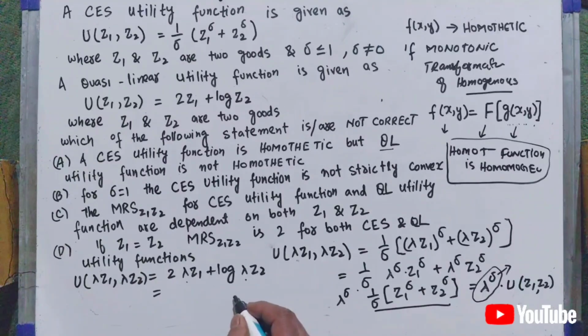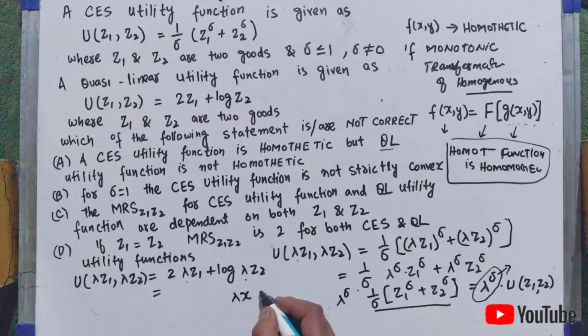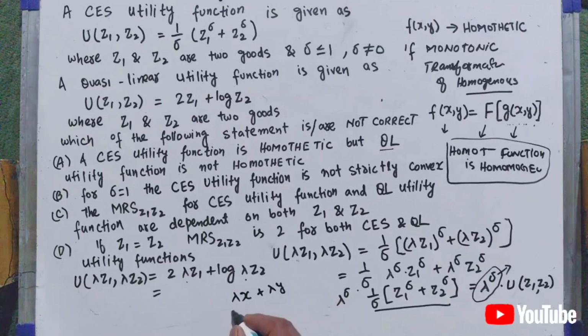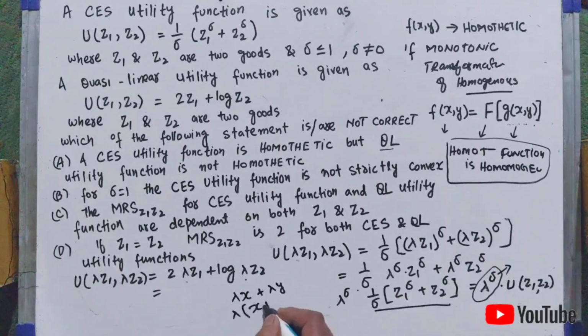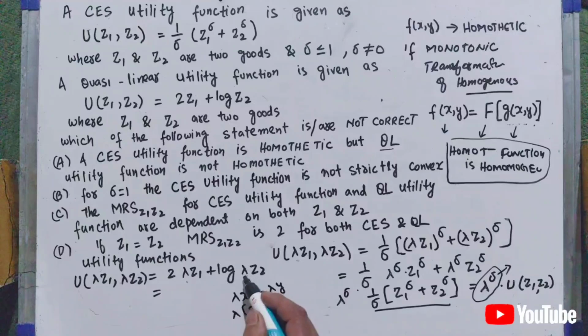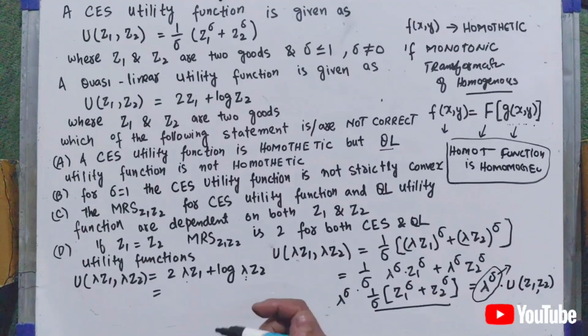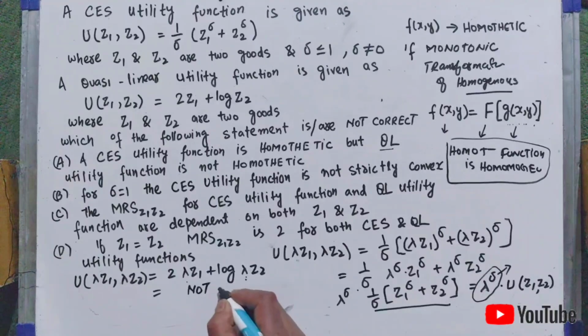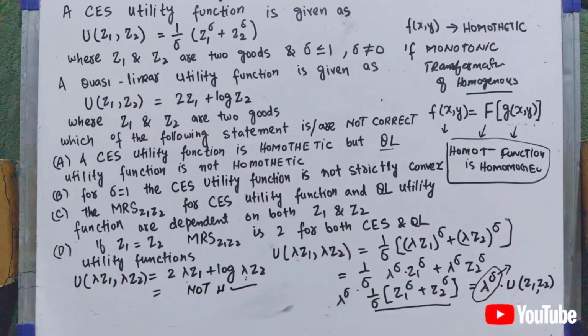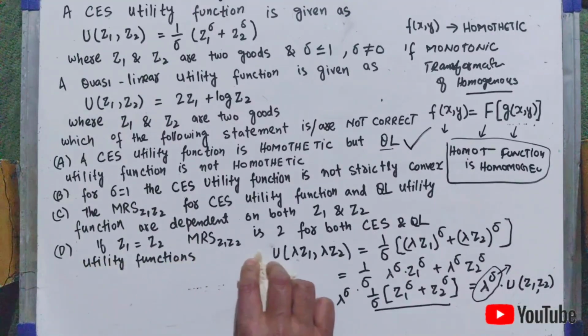If it were lambda times x plus lambda times y, we could factor out lambda and get x plus y. Here we cannot take lambda out completely, so the quasi-linear utility function is not homogeneous. If it is not homogeneous, it is not homothetic. So this option is correct, but we are supposed to find the incorrect option. So we are done with the first option.